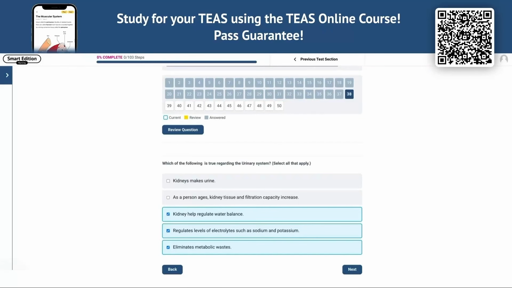So, kidneys make urine. Kidneys do play a role in filtering blood, and they play a role in forming urine, but they do not actually make urine in the simple sense. Instead, kidneys filter out wastes and adjust water and electrolytes, which is then excreted as urine through other parts of the urinary system.